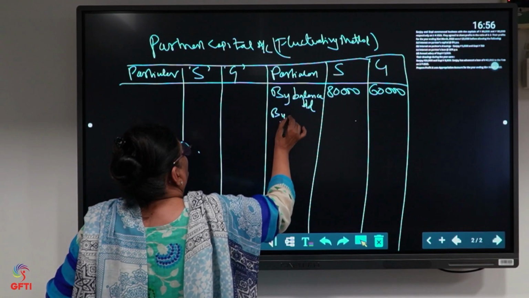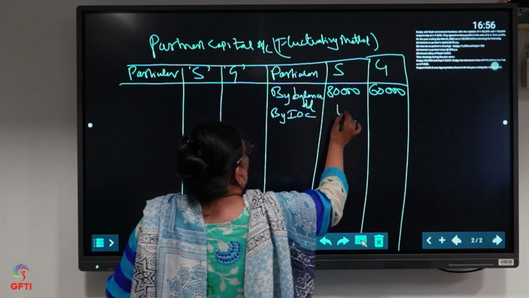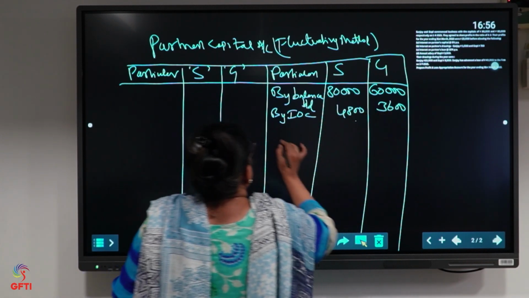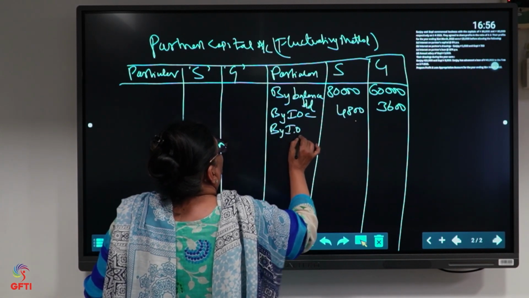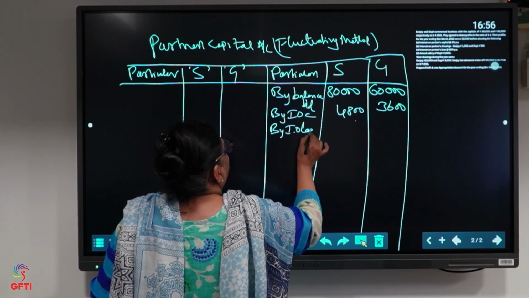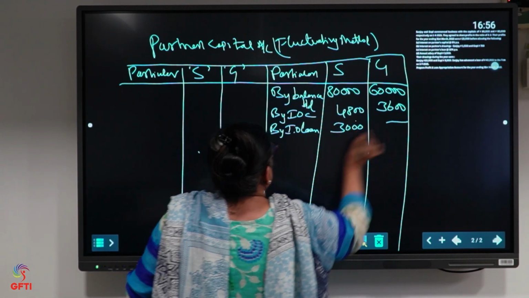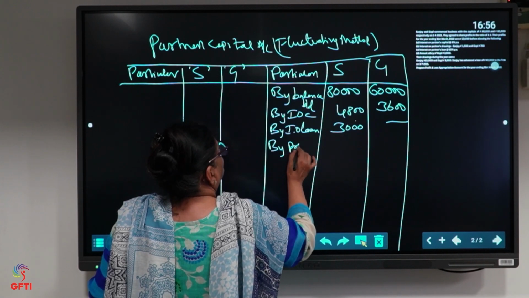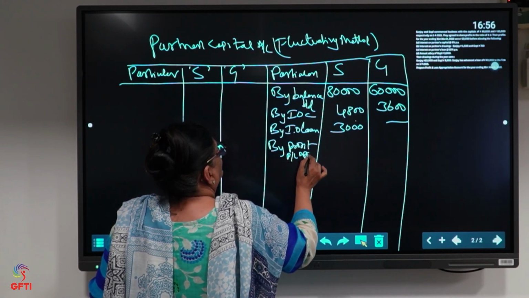Go to the appropriation. So interest on capital, how much? 4,800 was there, 3,600 was there. So by interest on loan, only Sanjay had 3,000, correct? Dash. By sharing profits, that is the remaining in profit and loss appropriation.